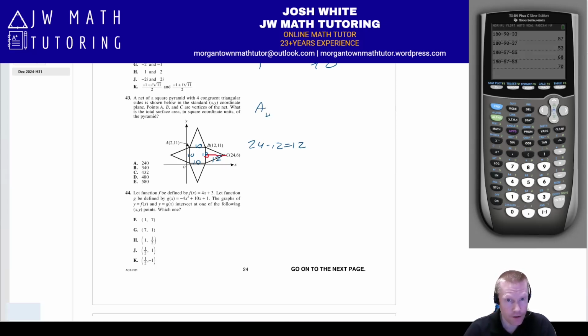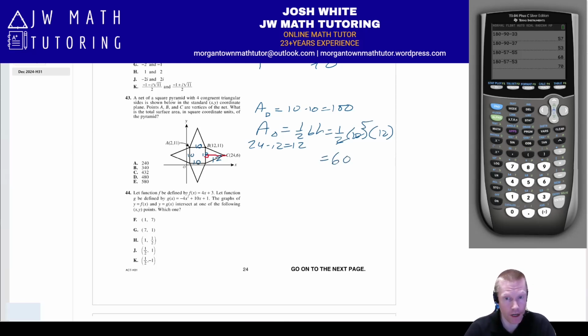The area of the square is obviously going to be 10 times 10, which is 100. The area of 1 triangle is just 1/2 base times height. The base is the 10, the height is the 12, so that's equal to 60.